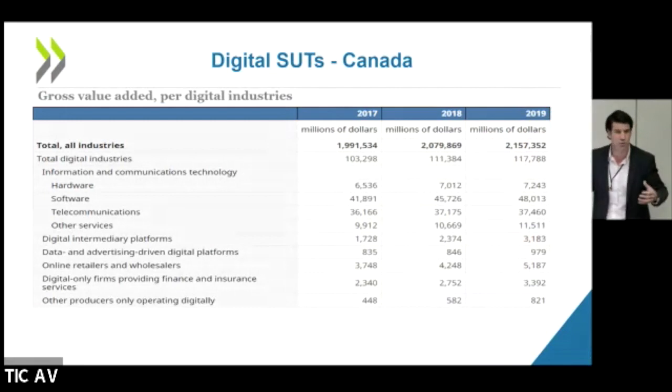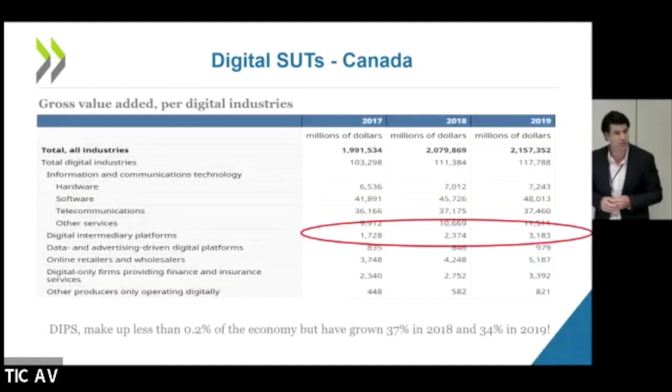Just as we would recommend that countries look to do, they gathered a range of indicators from a variety of data sources, both surveys that they already were undertaking, admin data, tax data, a real scavenger hunt, and then applied this to break up rows and columns of their conventional supply use tables. So what I'll highlight today is digital intermediary platforms.